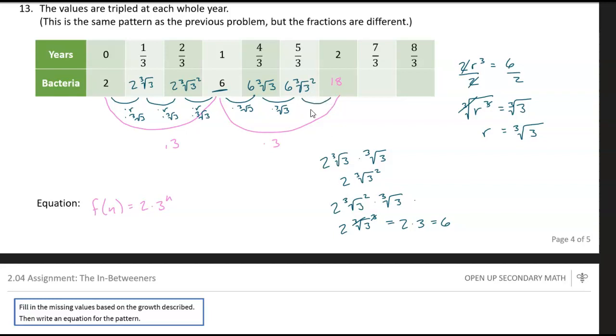And then the third time we multiply it, that cube root drops out, and we get 6 times 3 is 18. We just keep following that pattern. Multiply by cube root of 3, we get 18 cube root of 3. One more time times cube root of 3, and we get 18 cube root of 3 squared.